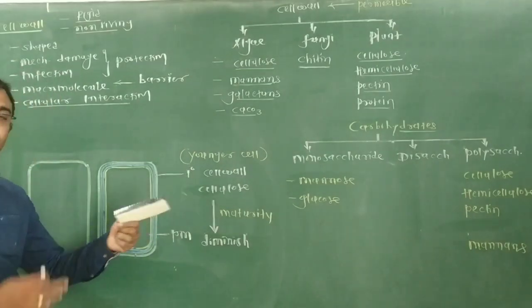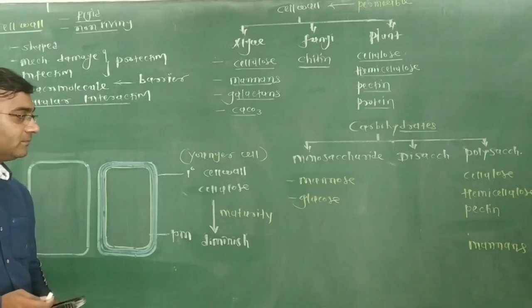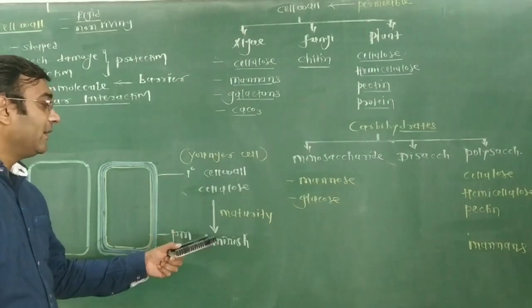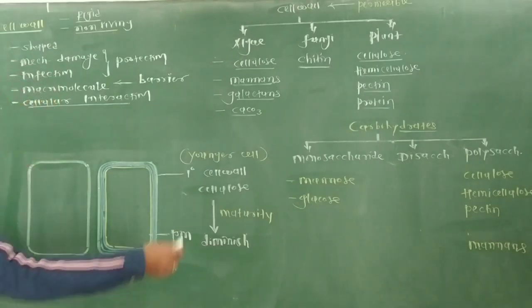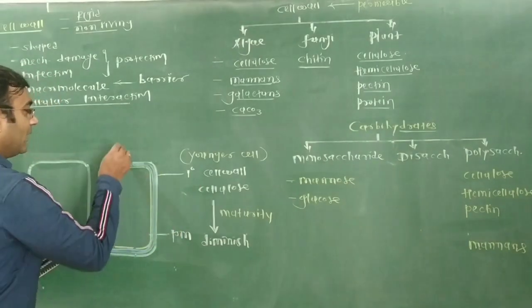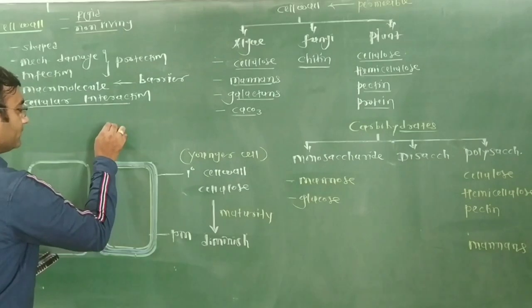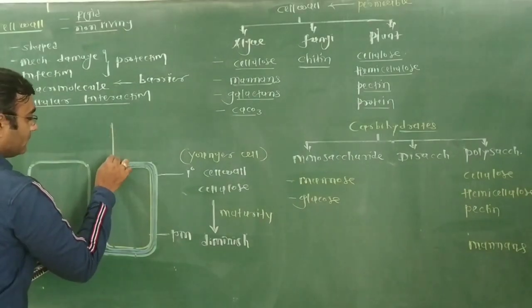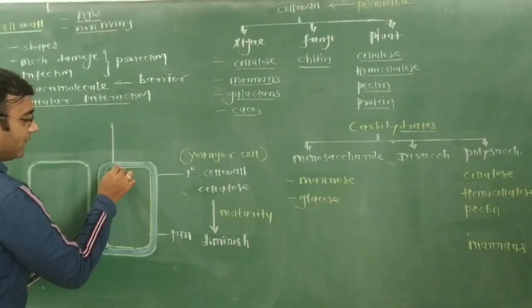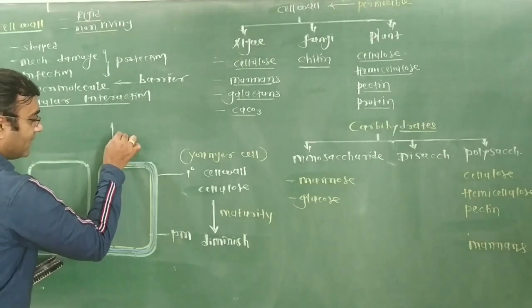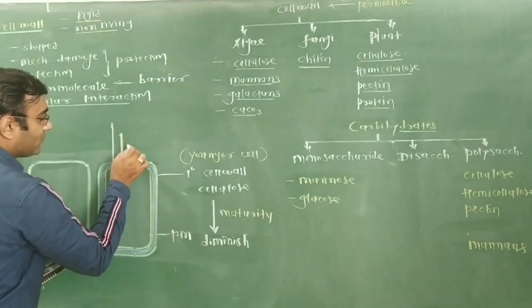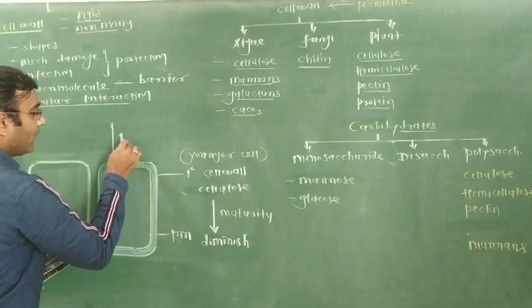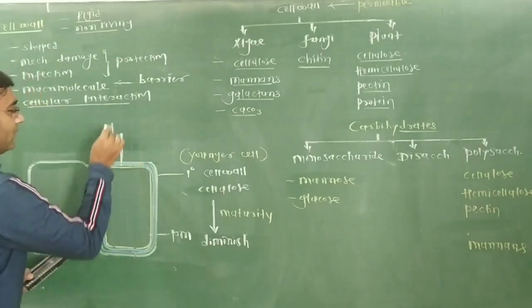Once enough cell size is attained, at that time the primary cell wall diminishes. Inside the primary cell wall, the secondary cell wall forms. This is the first layer of the secondary cell wall, this is the second layer, and one more layer coming is the third layer.